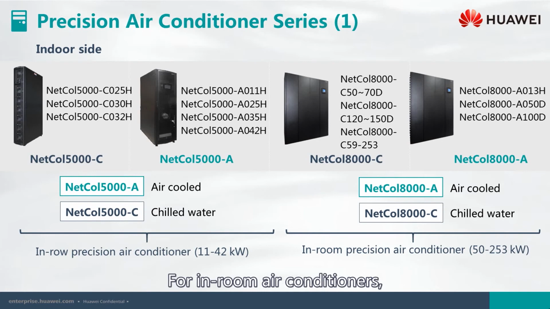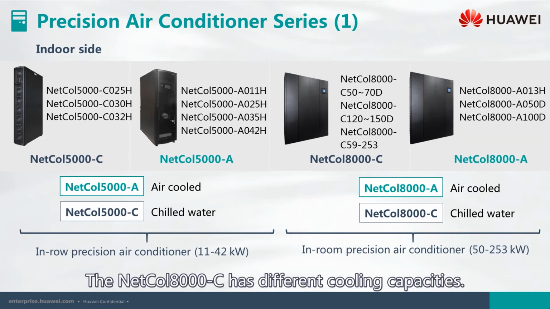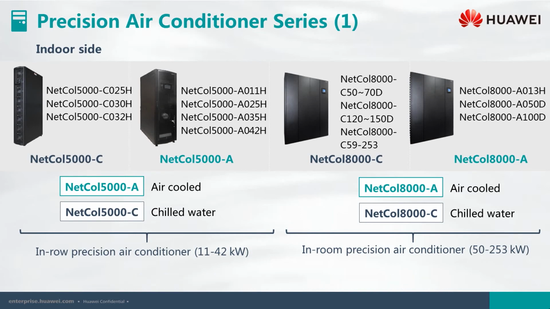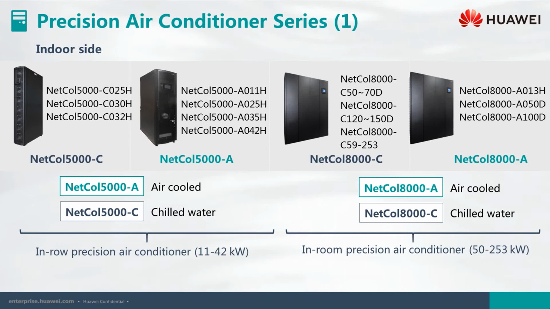For in-room air conditioners, we have the Netco 8000C and the Netco 8000A. The Netco 8000C has different cooling capacities. The main product is the Netco 8000C 59 to 253 kilowatt.